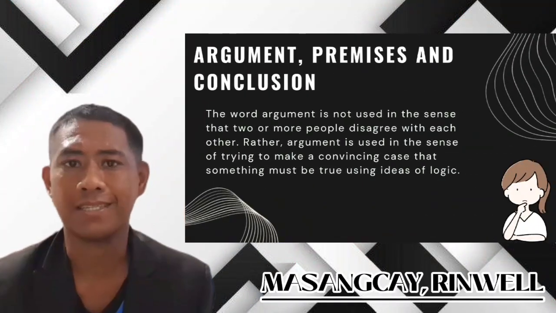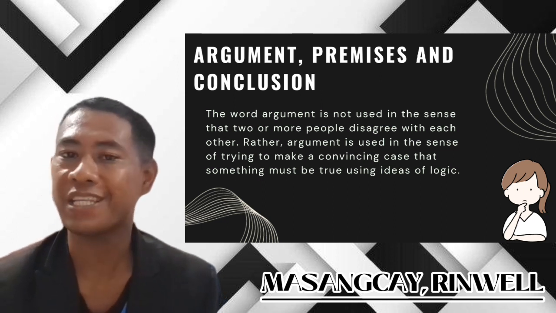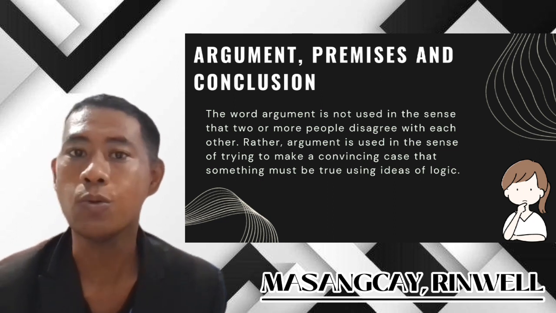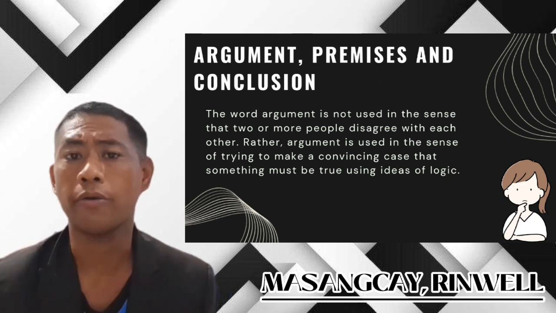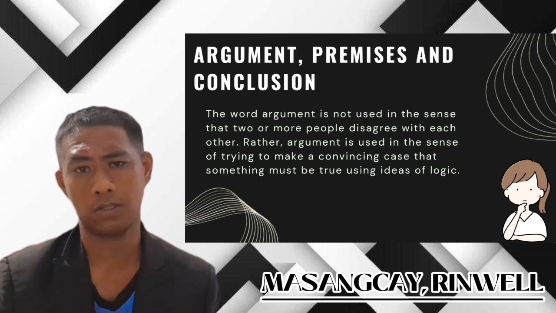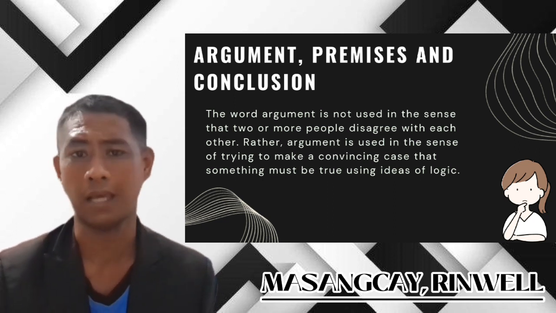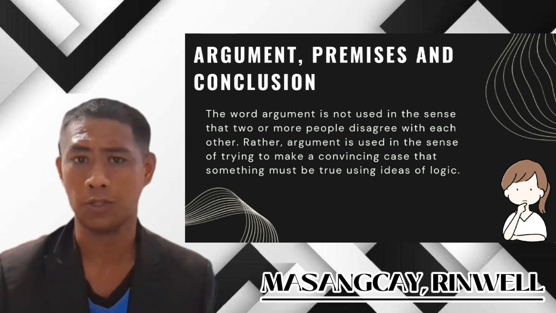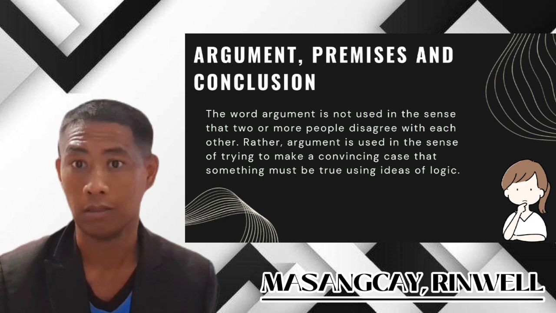Argument, premises, and conclusion. The word argument is not used in the sense that two or more people disagree with each other. Rather, argument is used in the sense of trying to make a convincing case that something must be trusted through using ideas of logic.